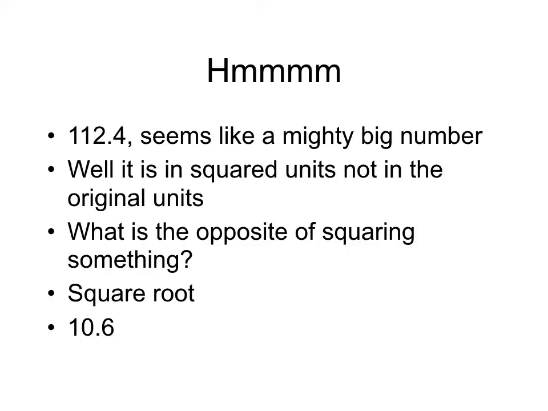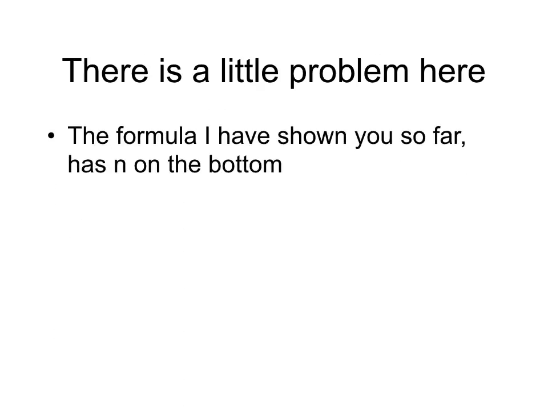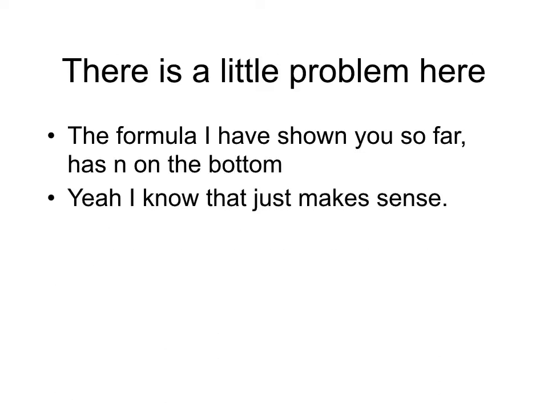Okay. So 10.6, that's a reasonable number. There is a problem, and I know that you guys know this, but there is an issue here. The formula I've shown you has n at the bottom as the denominator. I know that just makes sense, that it should be the number of numbers.